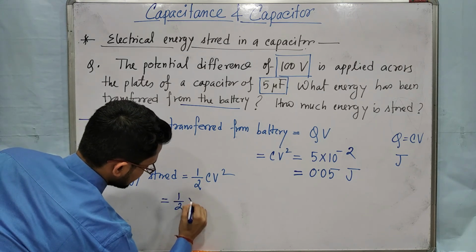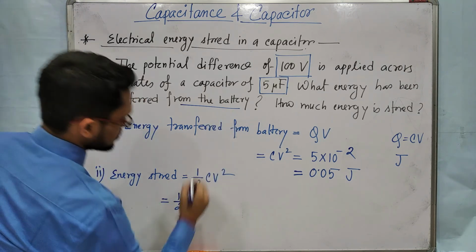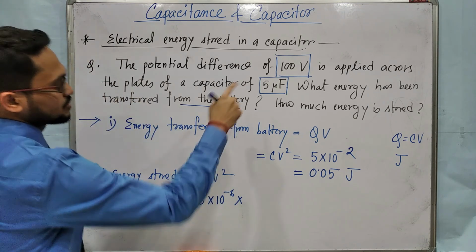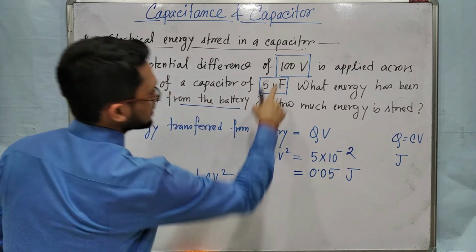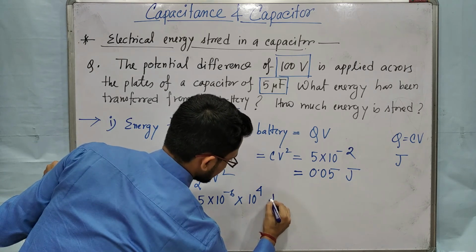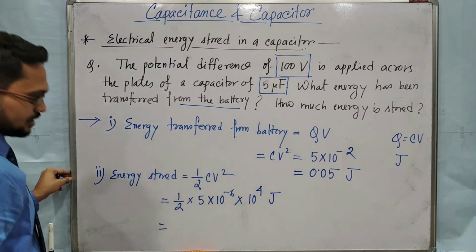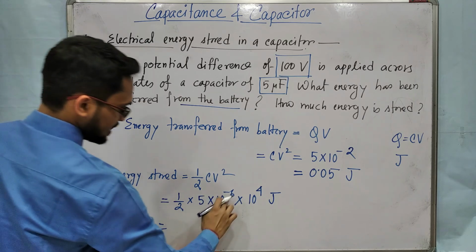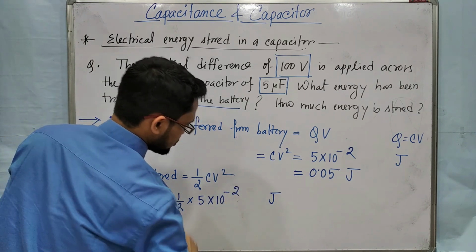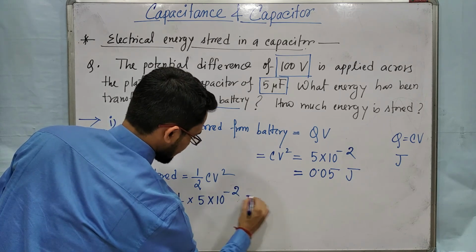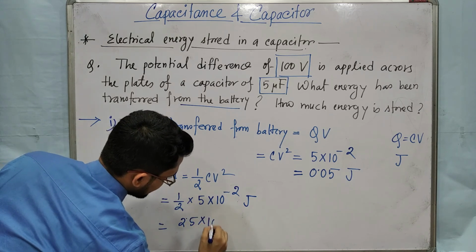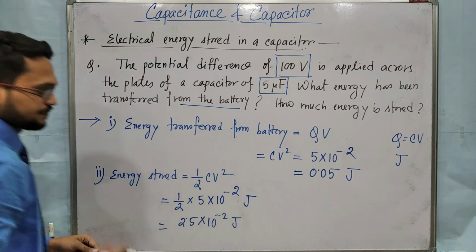So half C is 5 into 10 to the power minus 6 into V square, which is 10 to the power 4. It will be minus 6 and 4, so minus 2 joule. Then 5 by 2 is 2.5 into 10 to the power minus 2 joule.